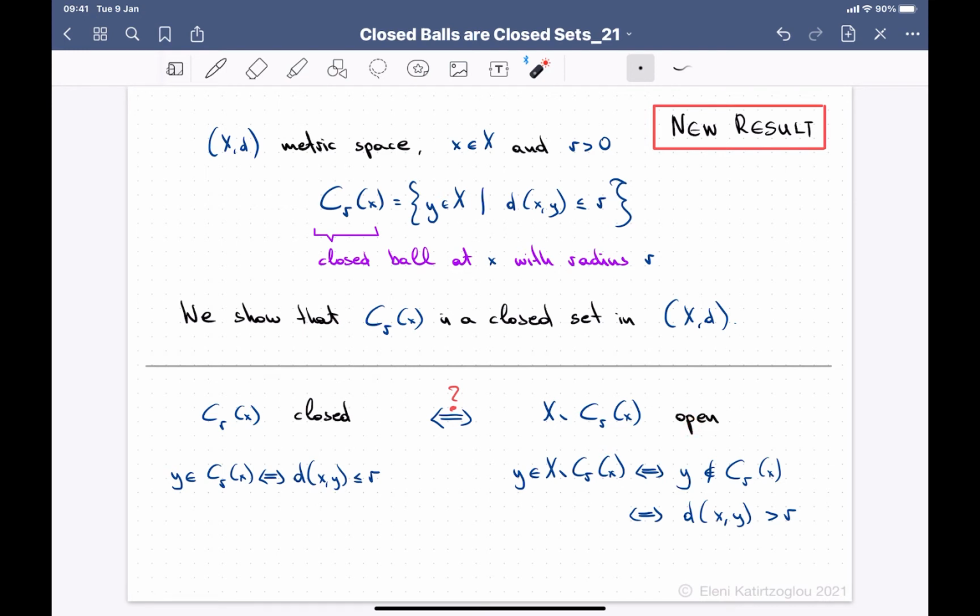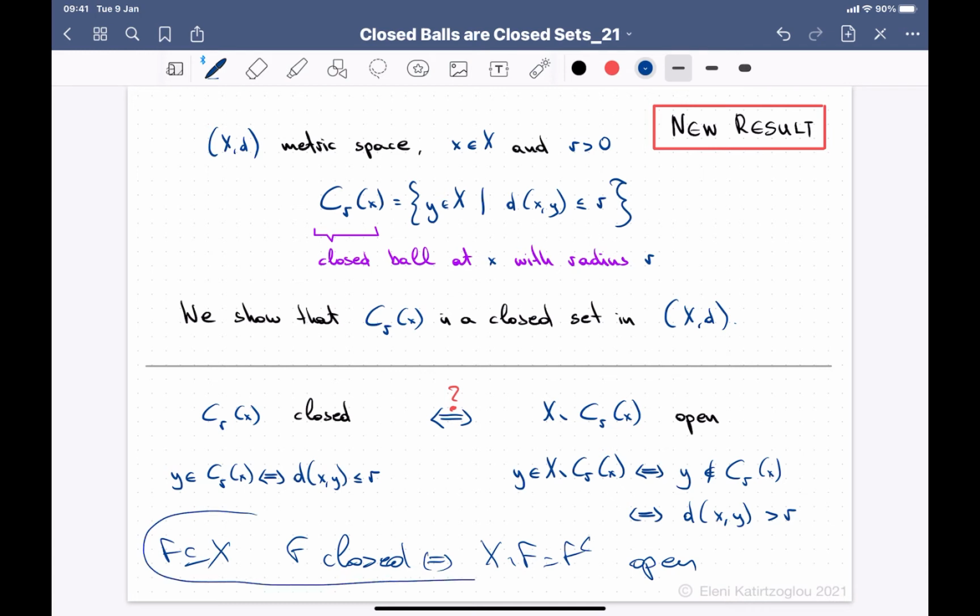Here we use the definition that a set F is closed if and only if the complement of F is open, where F, of course, is a subset of our metric space X. So this is the definition of a closed set we are using here.